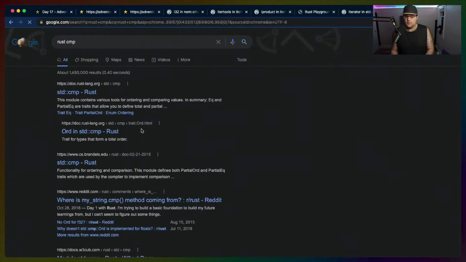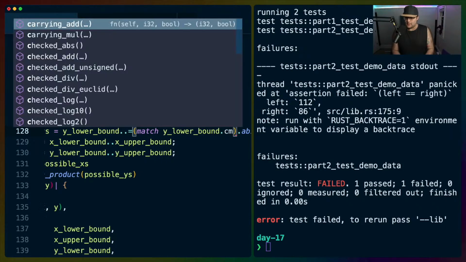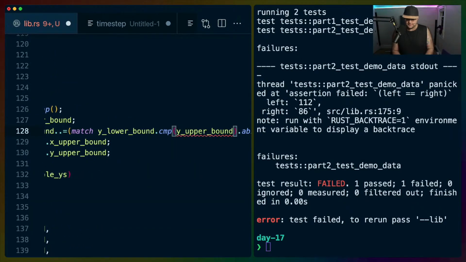Rust comp. So it's going to be match. Y lower bound is always a lower. Match y lower bound dot comp y upper bound.